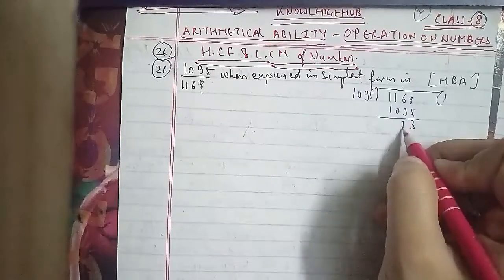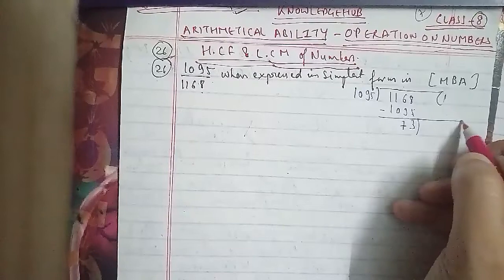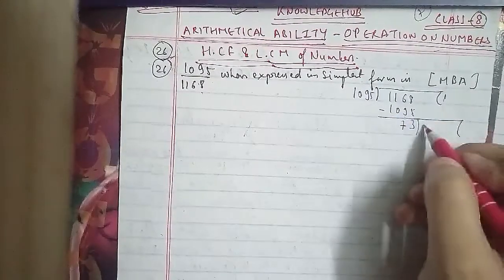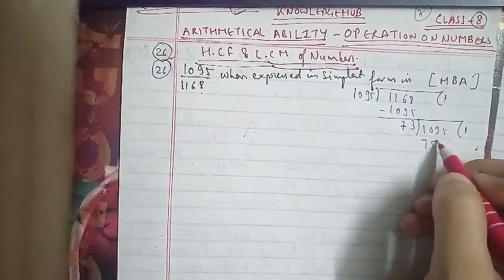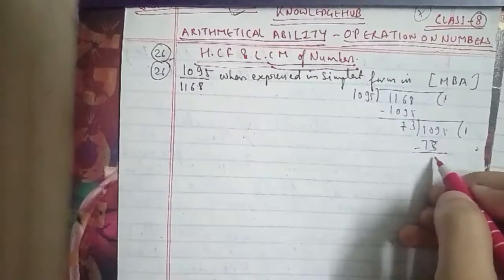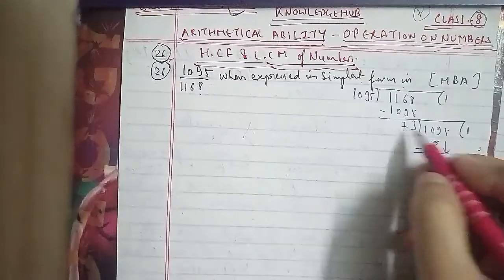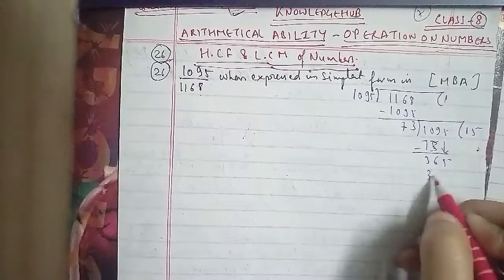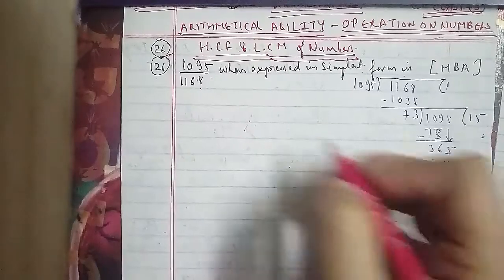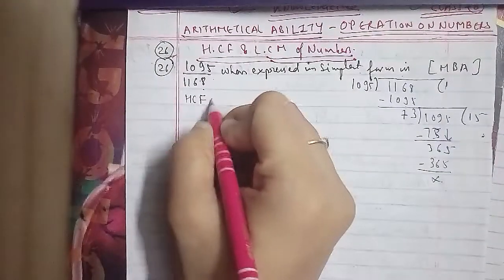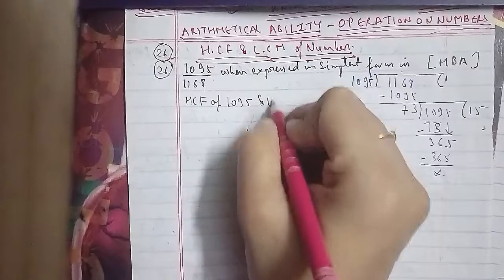Then we divide 1095 by 73: 73 ones are 73, subtract, we get 36, and bring down 5 as carry. 73 fives are 365, and subtracting gives zero. So the HCF of 1095 and 1168 is 73.